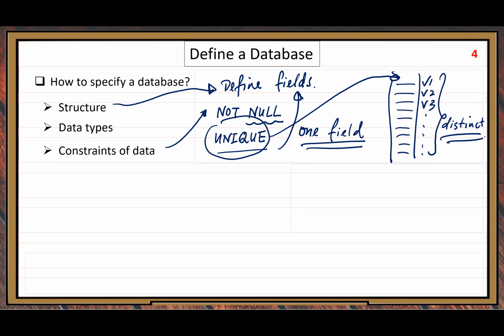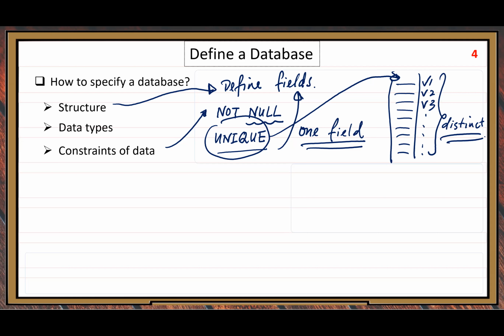They cannot be duplicated, because you put this constraint on it. Sometimes we need this constraint. Here I just give you simple examples.